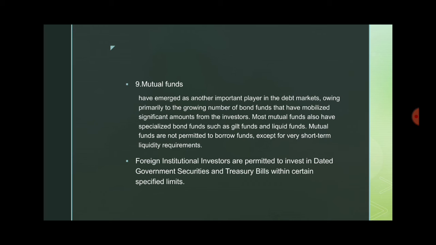Then mutual funds. Mutual funds have a greater role in the bond markets, where they have to reduce the volatility of the investment portfolio. The portfolio manager will invest money in government securities in order to reduce the risk of the investment portfolios.